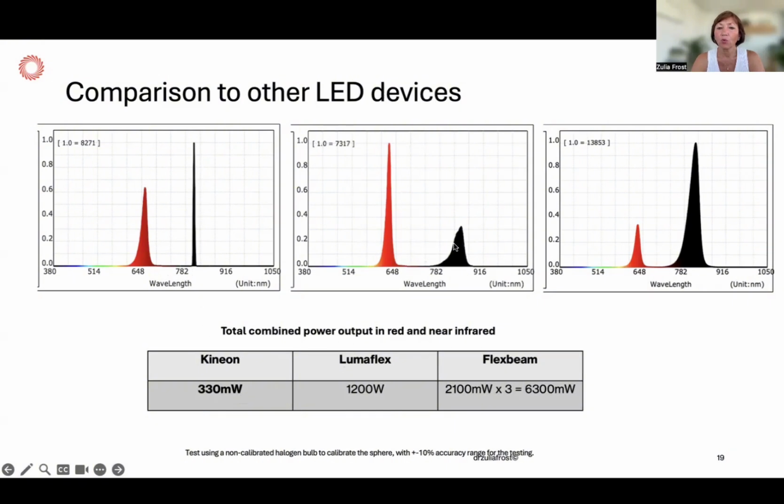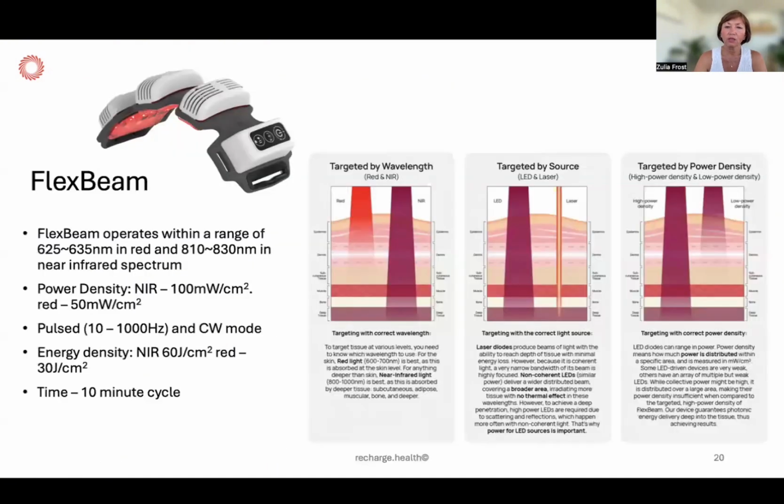Lumaflex is a little bit more, and wider, but still quite low, 1200 milliwatt. I need to change that in red. And FlexBeam gives you 6,300 milliwatt. You could see how much stronger that is. So this will guarantee the delivery of the near-infrared light.